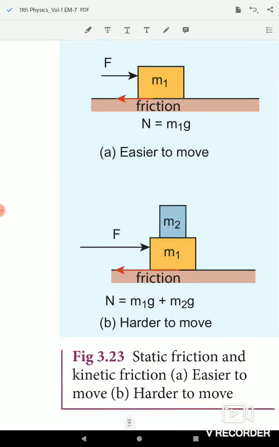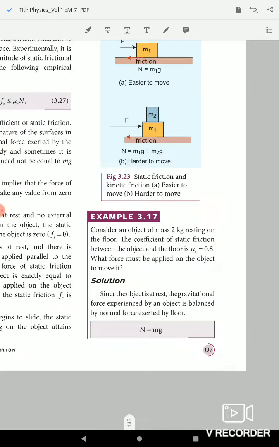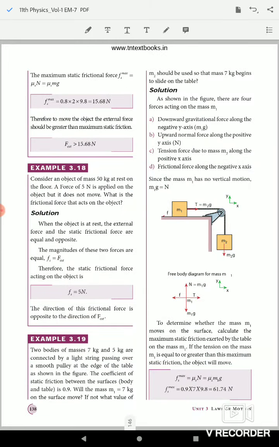But when some mass m2 is kept on m1, it is harder to move. Okay, do you understand? I hope you understand this one.